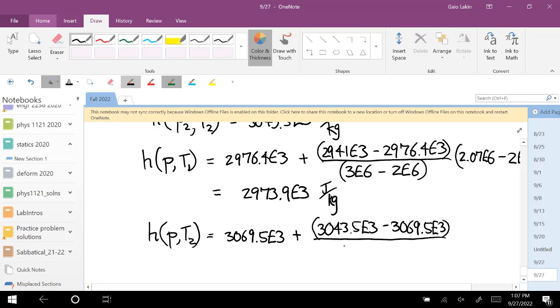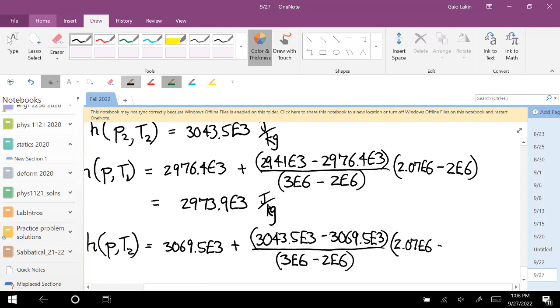Divided by 3 times 10 to the 6 minus 2 times 10 to the 6, and then multiplied by 2.07 times 10 to the 6 minus 2 times 10 to the 6.